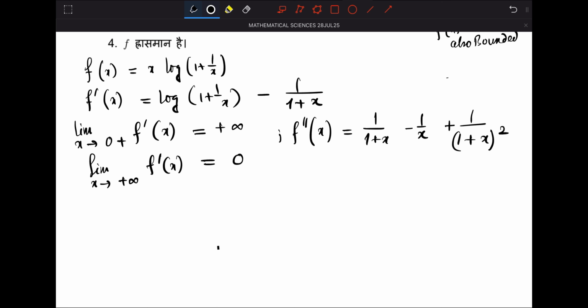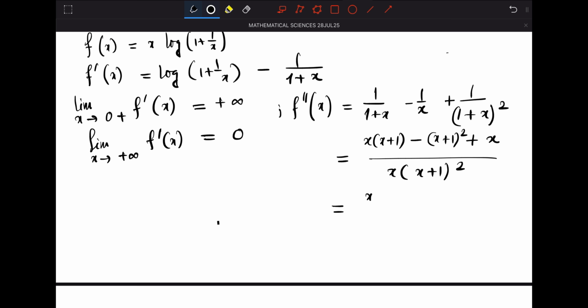Right? So if we calculate this, this is x times (x plus 1) whole squared, x times (x plus 1) minus (x plus 1) whole squared plus x.